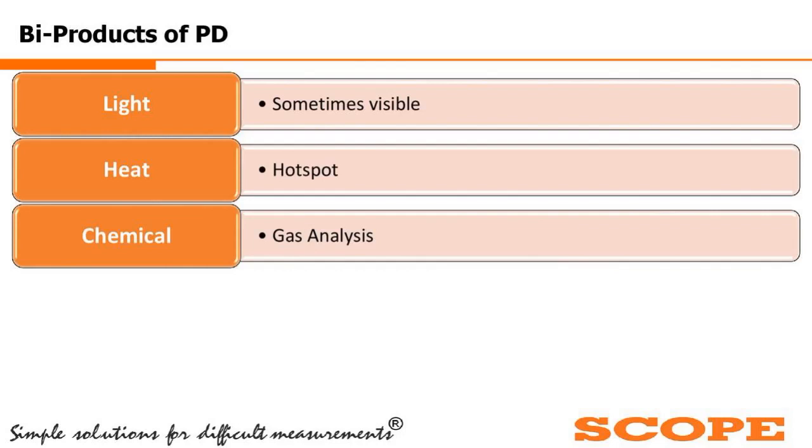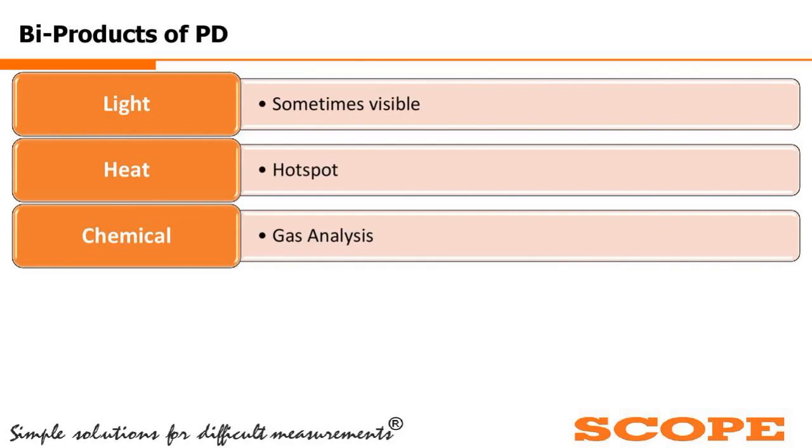Along with light there will be heat, and chemical decomposition of the products, surfaces or components, with some gas formation and some burning. Light is sometimes visible and sometimes not. Corona, in some specific cases, might be visible to the naked eye, otherwise it is not. But if it is a flashover, we can see the chattering or the spark.